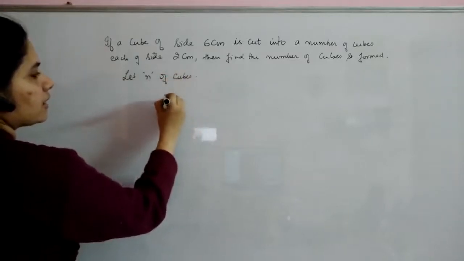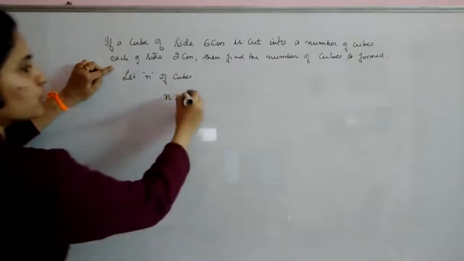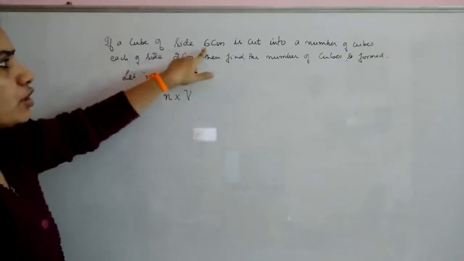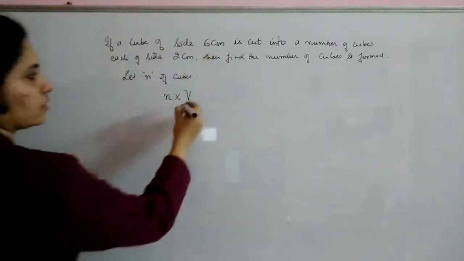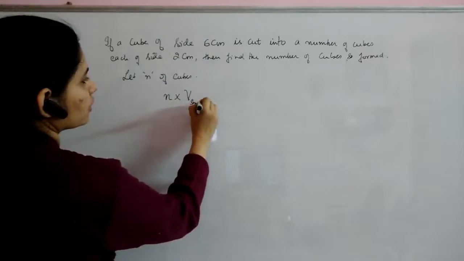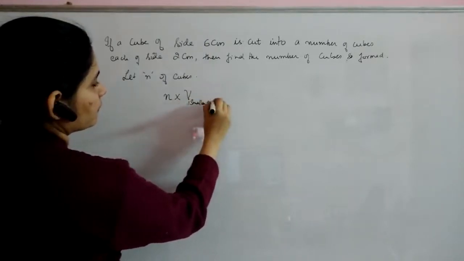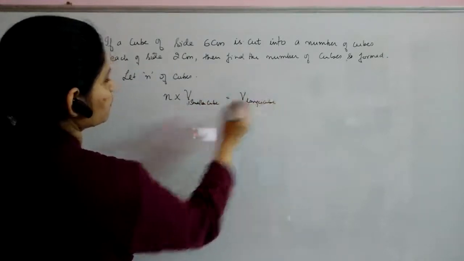So you can say that n into the volume of the cube with side 2 cm will be equal to the volume of the cube with side 6 cm. Volume of the smaller cube, one smaller cube, is equal to volume of the larger cube.